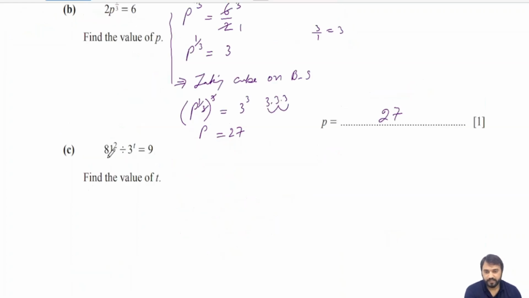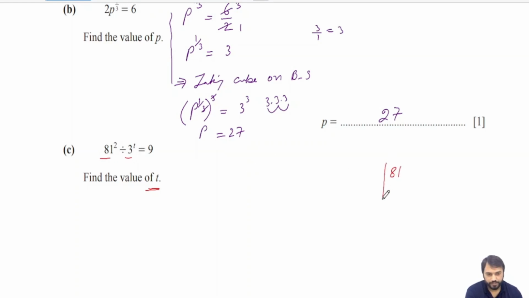The c part is 81 square divided by 3 raised to power t is equal to 9. We need to find the value of t. Again, they are dividing, but they don't have the same base. So first of all, we have to convert 81 into base 3. How can we do that?